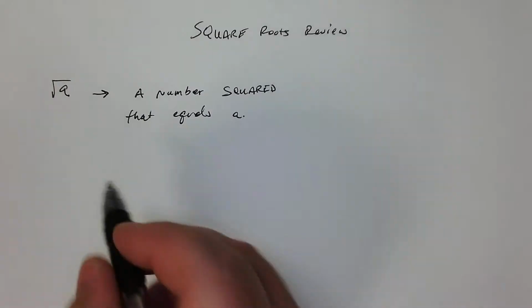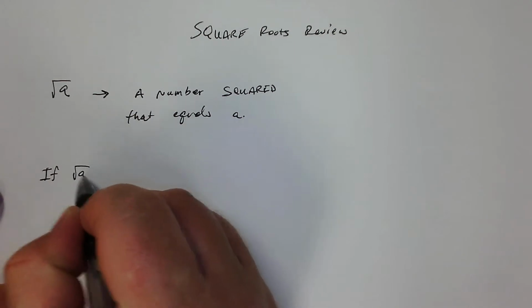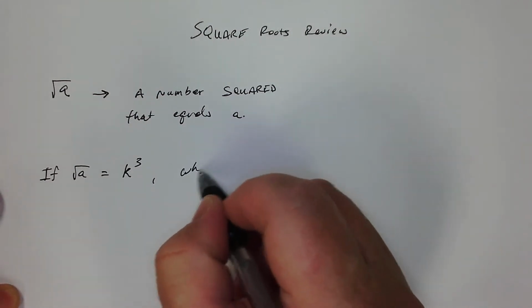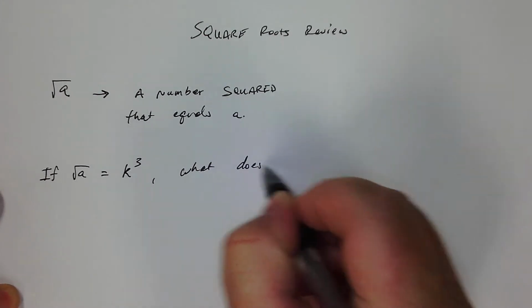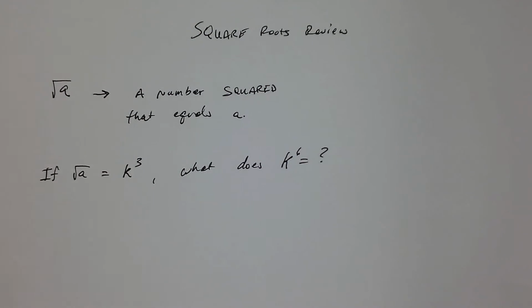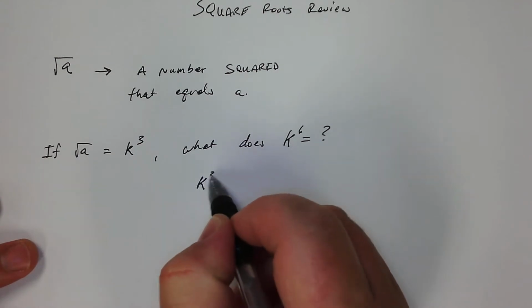So then the second one says, if the square root of a equals k cubed, what does k to the sixth equal? All right, well, check this out. Would you guys agree with this observation?